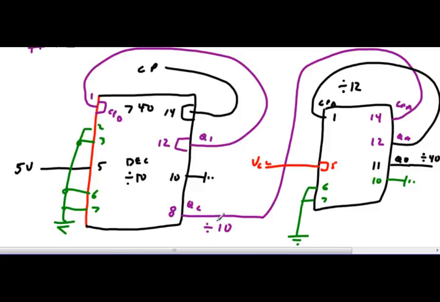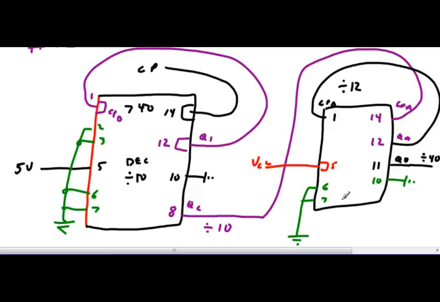If I send the divide by 10 into clock A, and then QA into clock B, then QB for this guy is going to be a divide by 4. If I come out QB, I'm divide by 4. If I come out QC, I'm going to divide by 8.